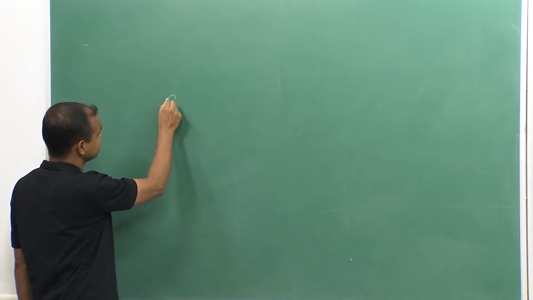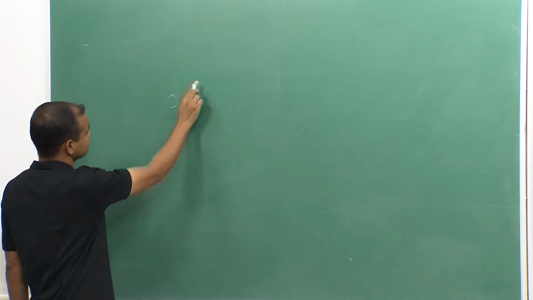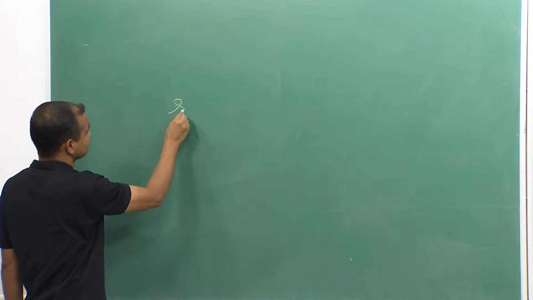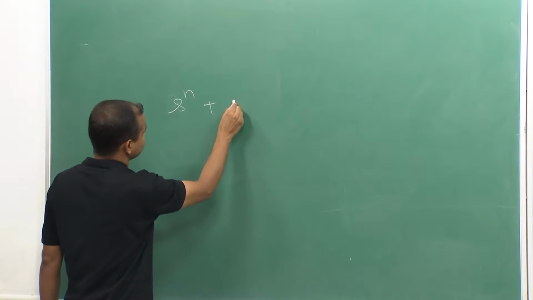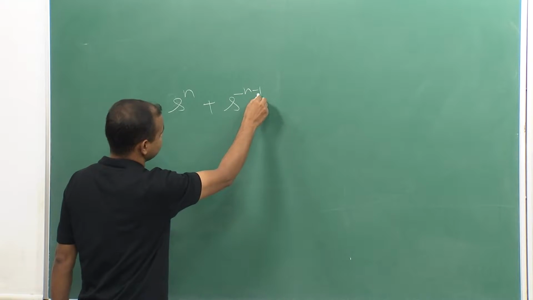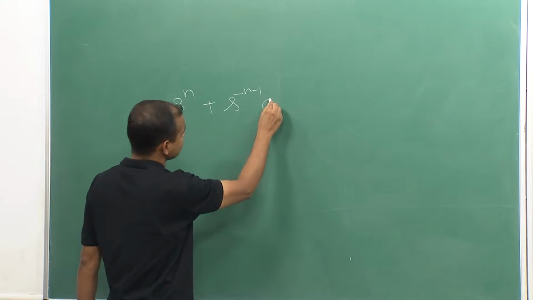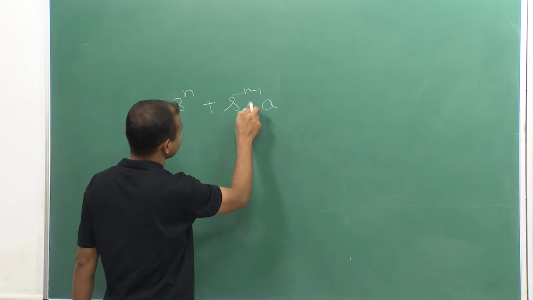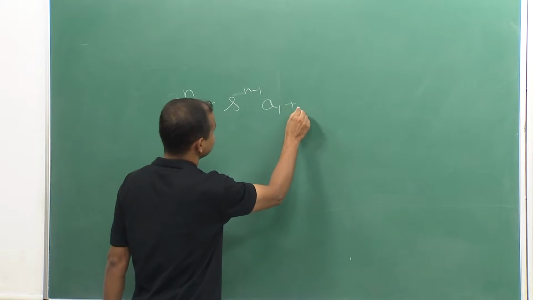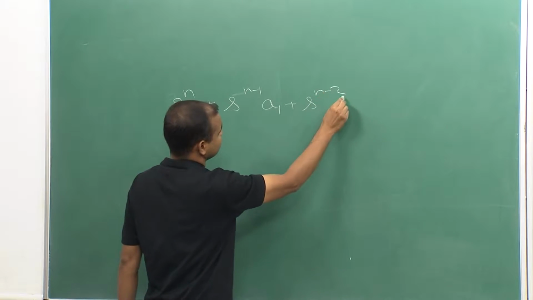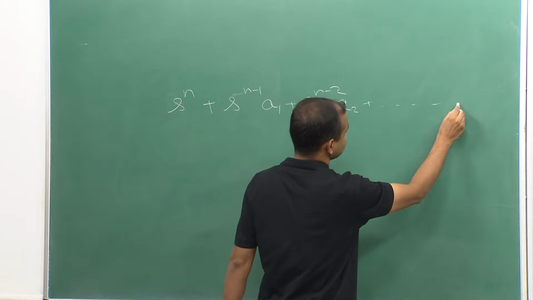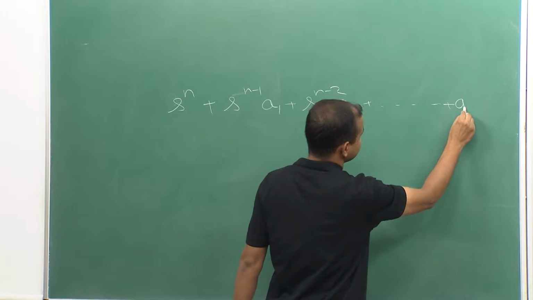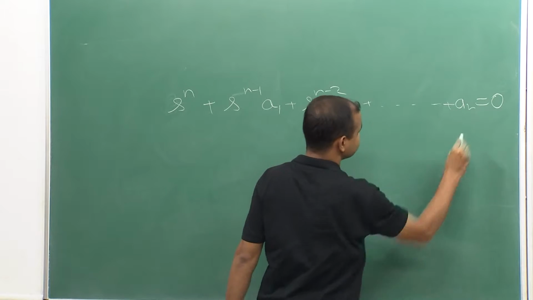Suppose my characteristic equation is s to the power n plus a1 s to the power n minus 1 plus a2 s to the power n minus 2 plus something plus an is equal to 0.